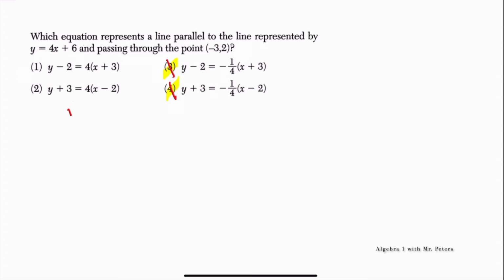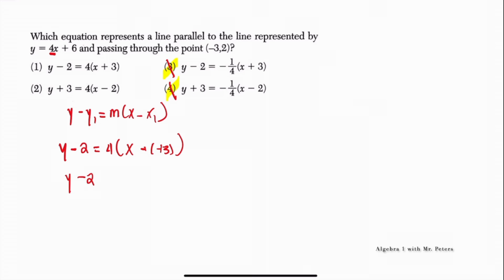Now we're going to use the point slope formula to see which one of these has the proper substitution using the point -3, 2. So we have y minus the y coordinate, which is 2, is equal to our slope, which we know is 4 because it's the same, times x minus -3. We know this turns positive.